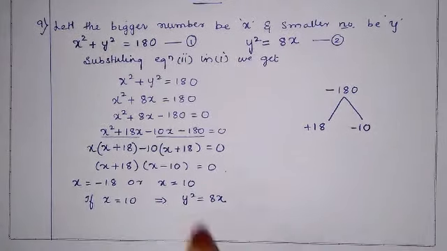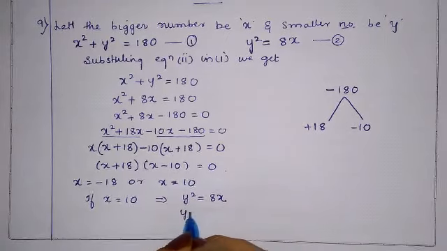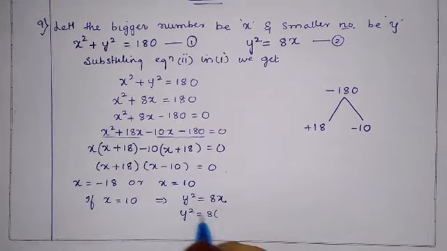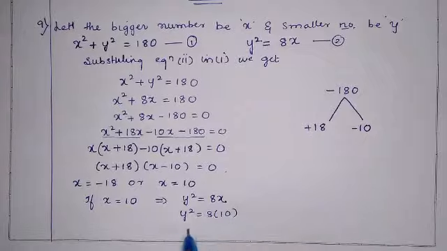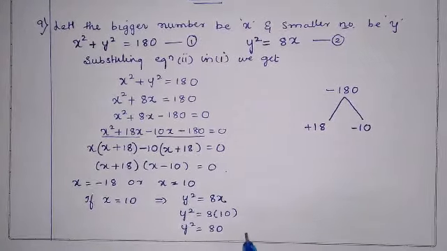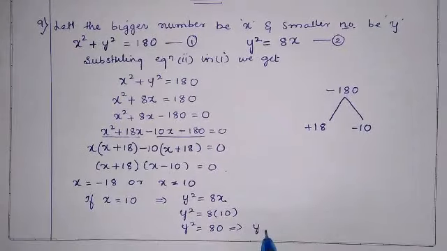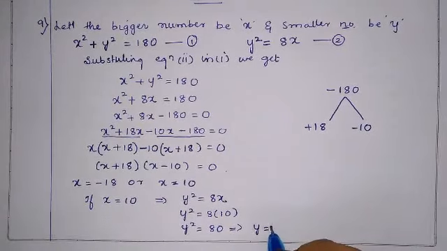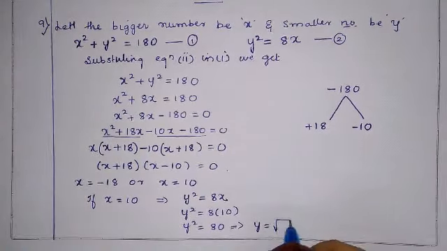This value we have, y square we don't know. 8 into 10, y square is equal to 80. So what will we get? y is equal to plus or minus, or directly root 80.